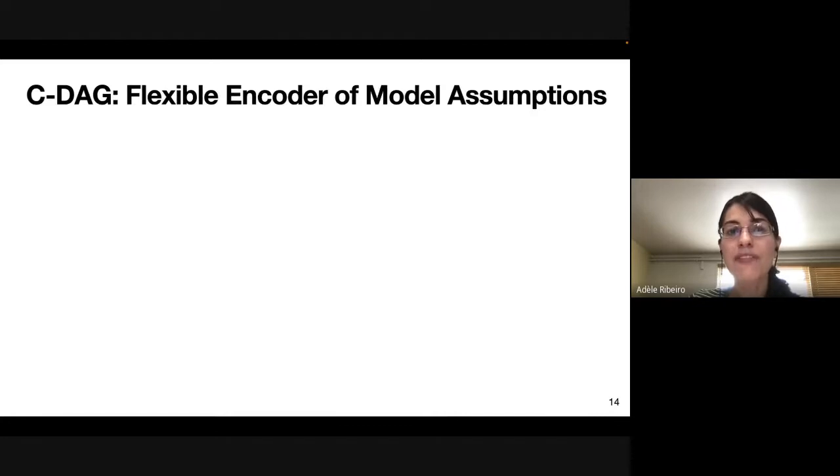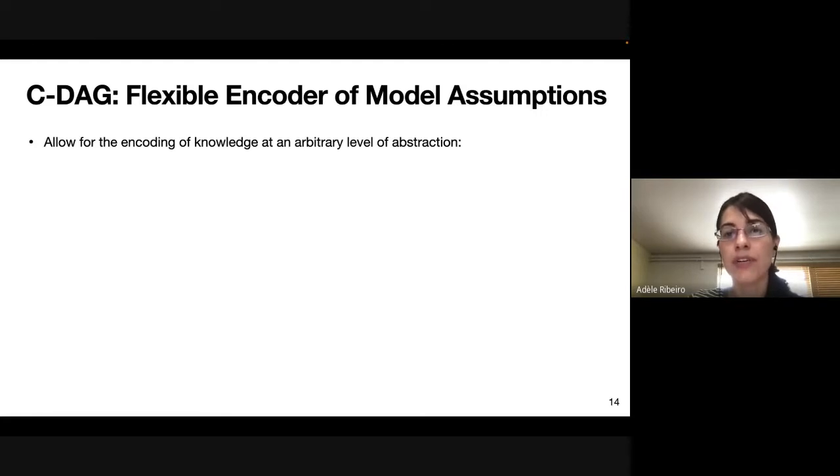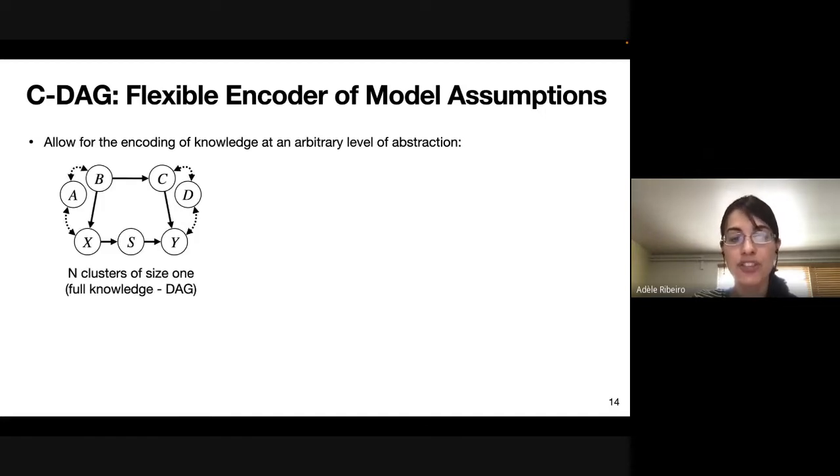So now we have this flexible encoder of model assumptions, because we allow any type of partial knowledge that's available. So if we have knowledge for every variable or every pair of variables, we will have the full causal diagram or the full DAG as we had before.